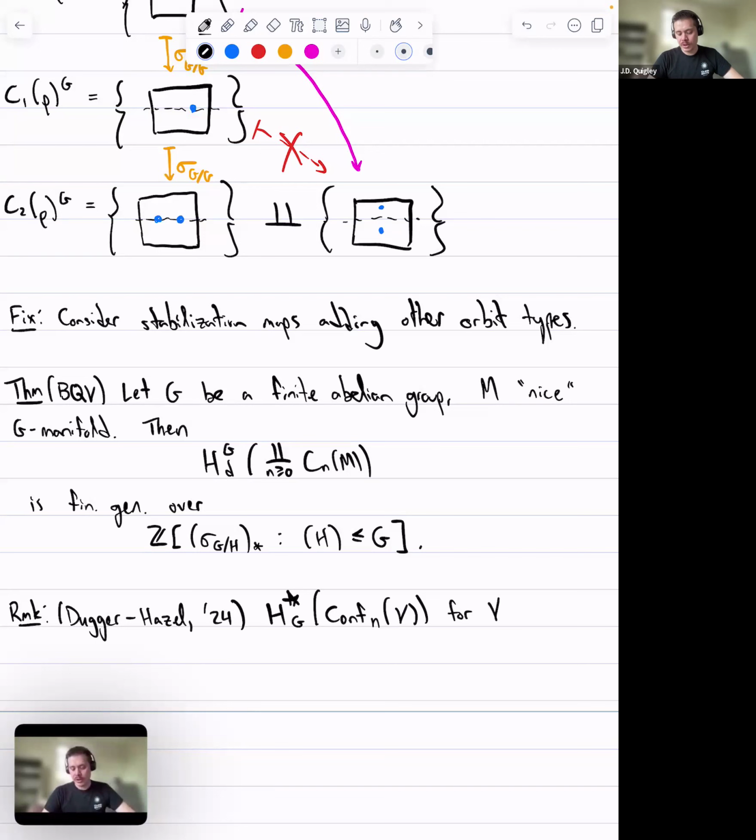So they compute this when V contains at least one trivial representation, and when V also has dimension at least 2.